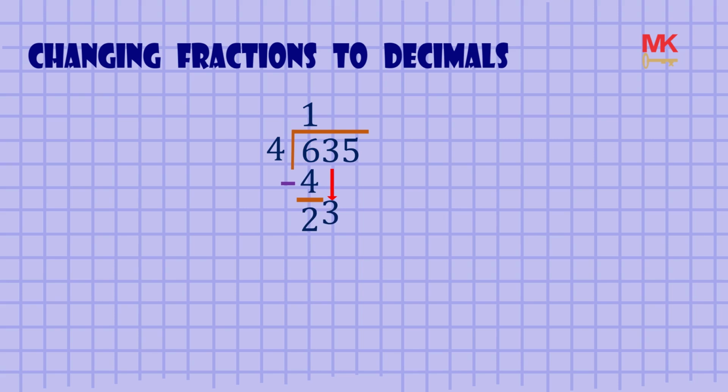We drop the next digit to form 23 and repeat the process. 4 divides into 23 5 times with some remainders. So we place the 5 above the 3 because we brought down 3. 5 times 4 is 20, and 20 subtracted from 23 is 3.